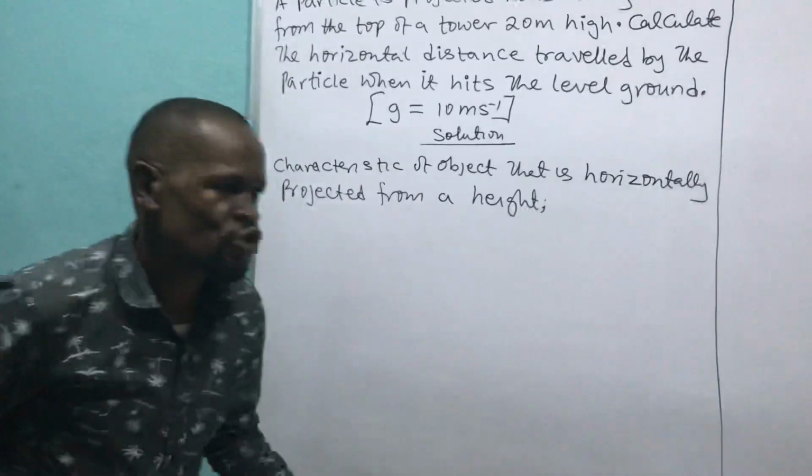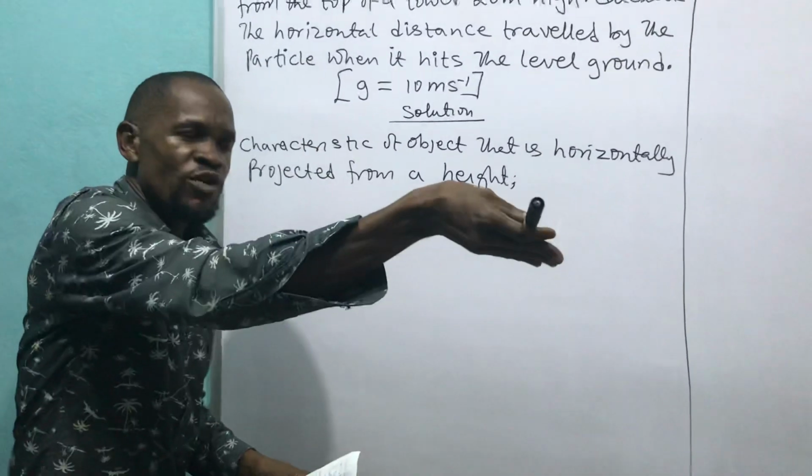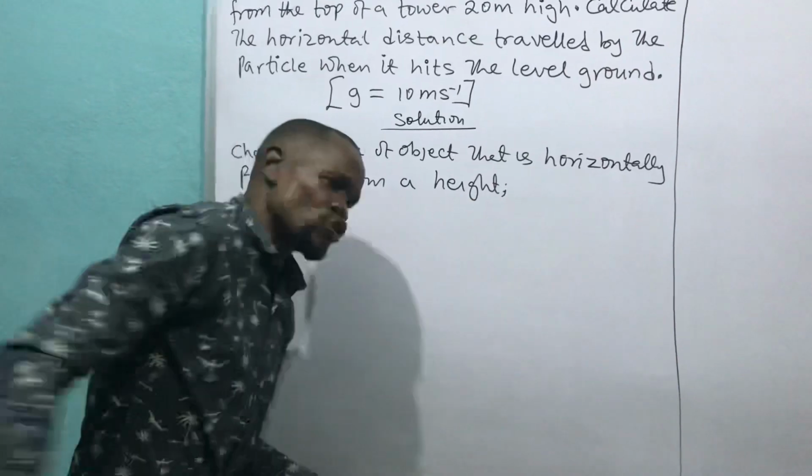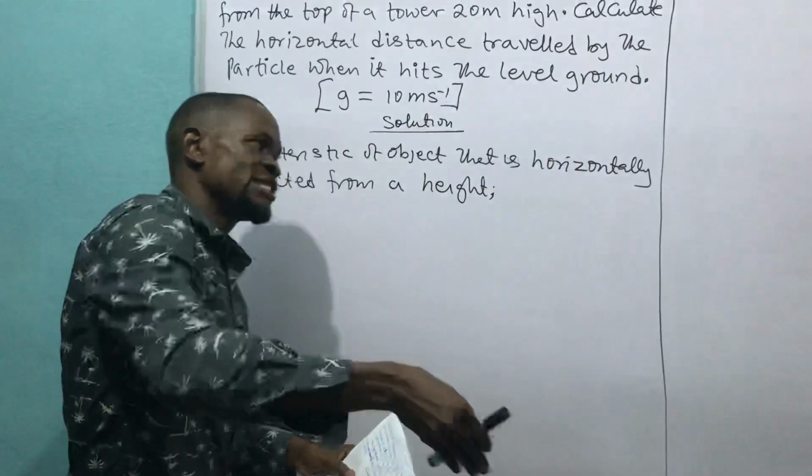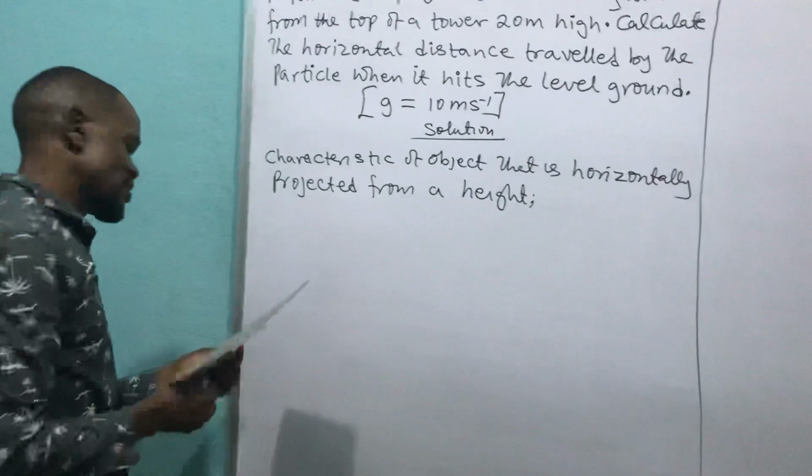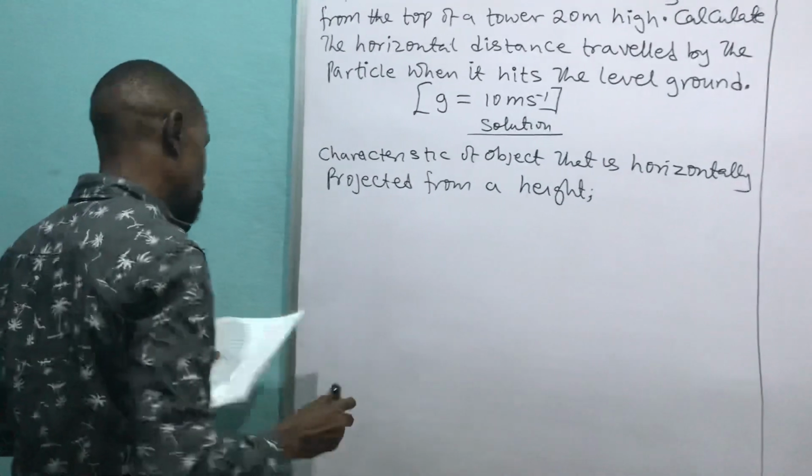That means, for example, I just threw something away from a window, maybe I'm in a vehicle and I threw something away from a window. Let's see the properties it possesses so that we can use them to calculate what we have.